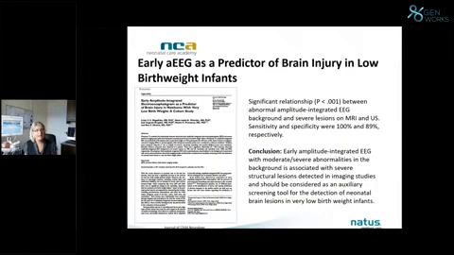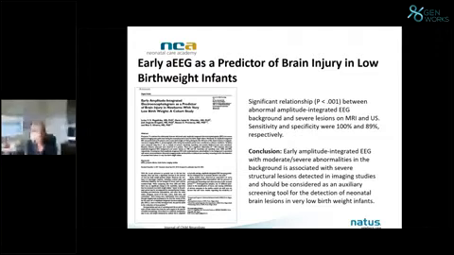Again, another study, early AEEG is a predictor of brain injury in low birth weight infants, and basically their conclusion was that early AEEG that showed moderate or severe abnormalities is associated with severe structural lesions that are then obviously detected in imaging studies, and it should be considered as an auxiliary screening tool for the detection of neonatal brain injuries in very low birth weight infants.